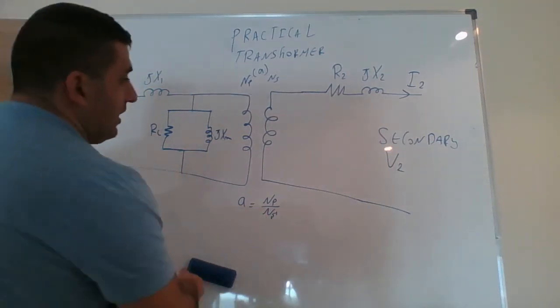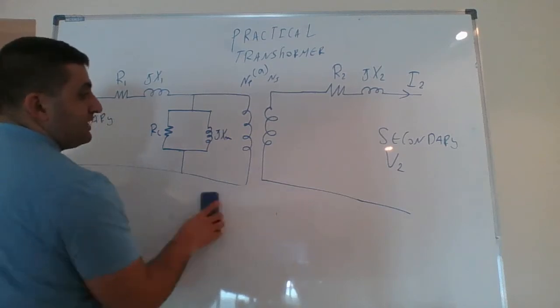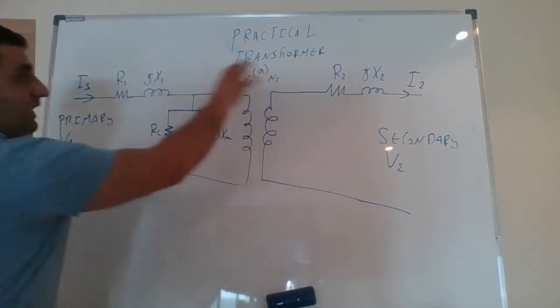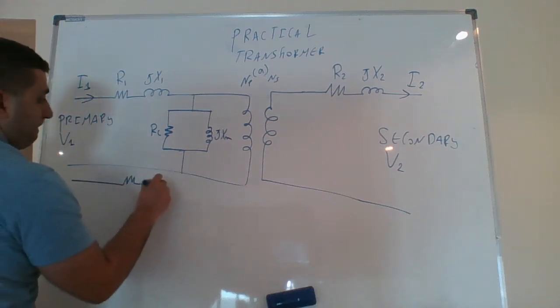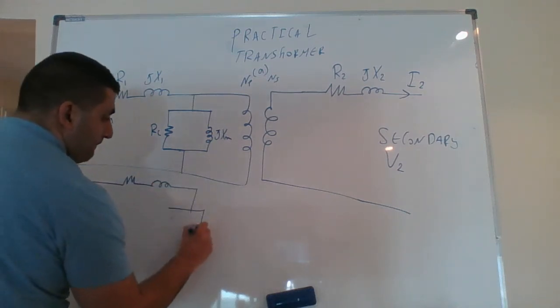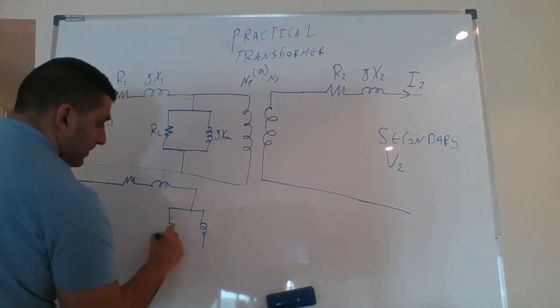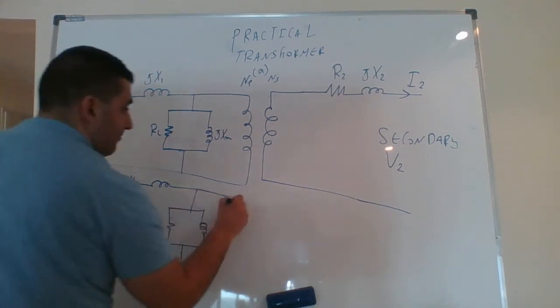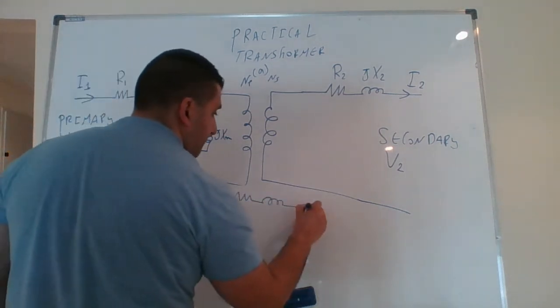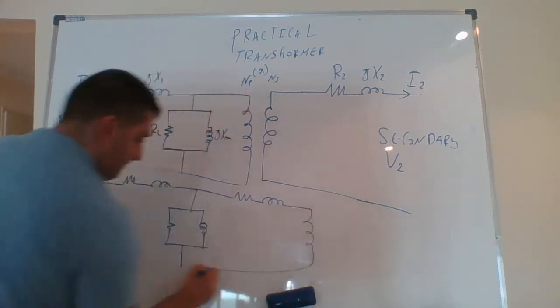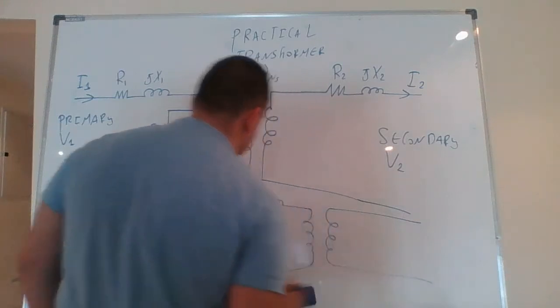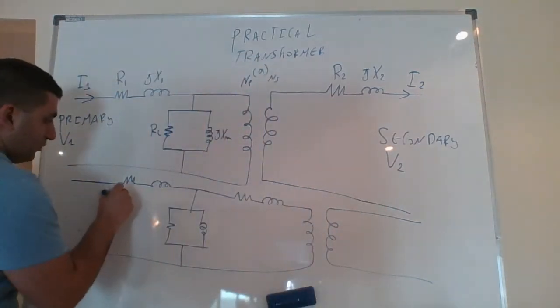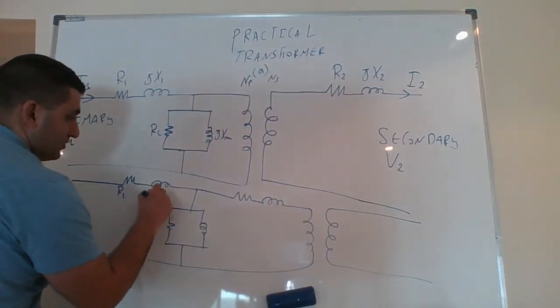So in reality, I can represent my circuit again like this. That's R1, JX1.